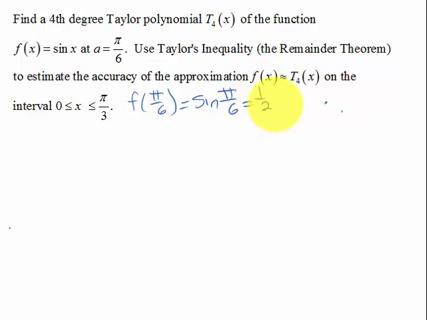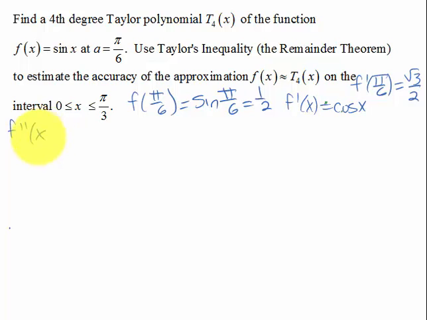Now I'm going to need some derivatives, and so I can take the derivative of sine, and we know that one's cosine, and evaluate that at pi over 6, and that one is square root 3 over 2. Now we're going to need some more derivatives.